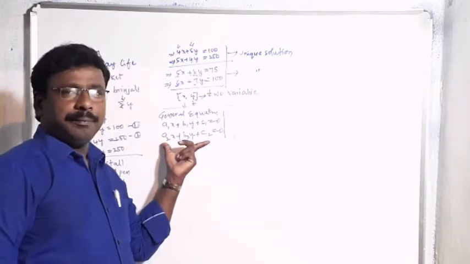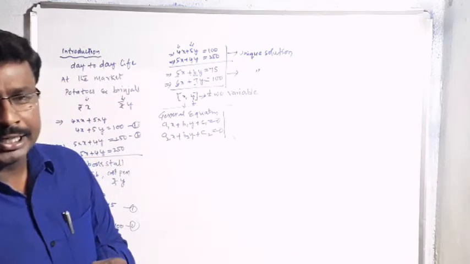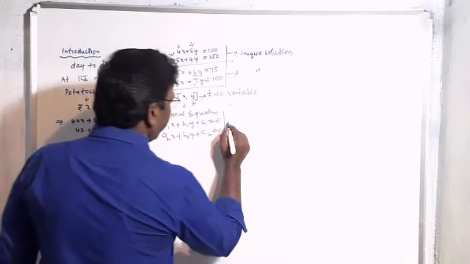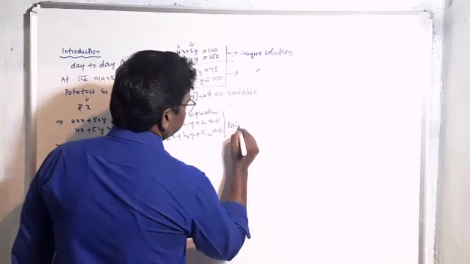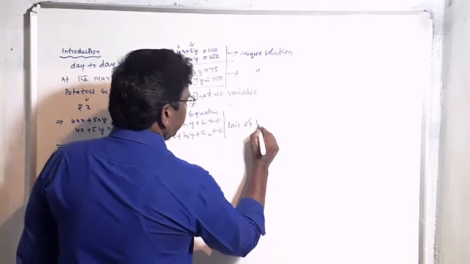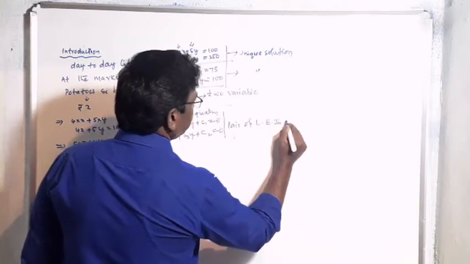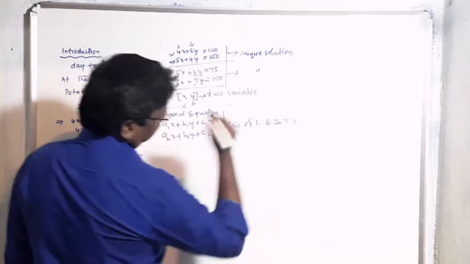These are called linear equations in two variables and pair of linear equations in two variables.